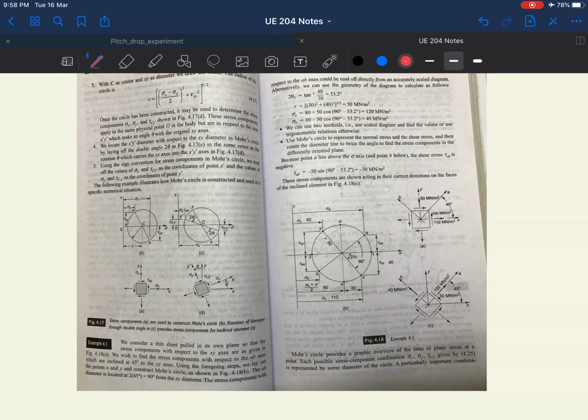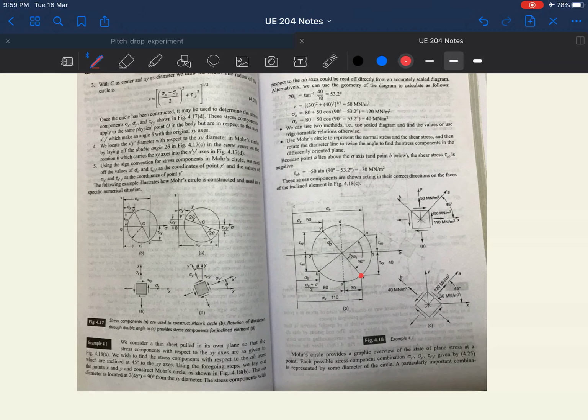So this point is located at sigma xx, 110, which is the value given here. Then you have to locate the y axis point.